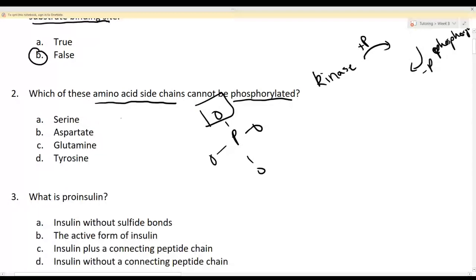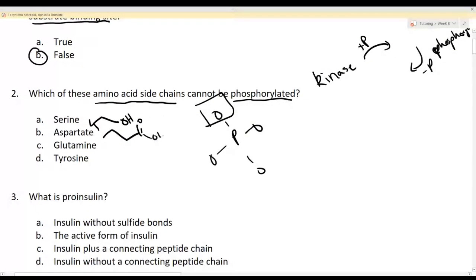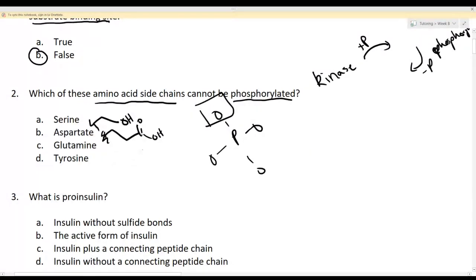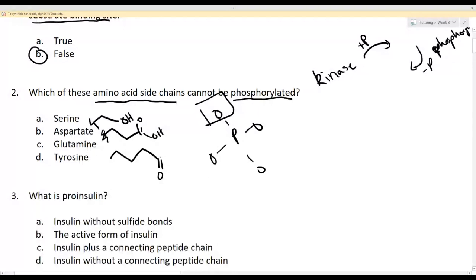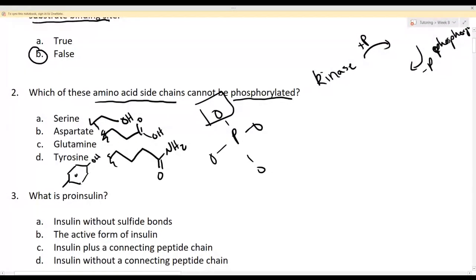Serine is CH2OH, that's the side chain. Aspartate is, I believe, 2 carbons and then carboxylic acid. Glutamine is 3 carbons, 1, 2, 3, and then an amide, NH2, and then tyrosine is the ring, and then an OH.